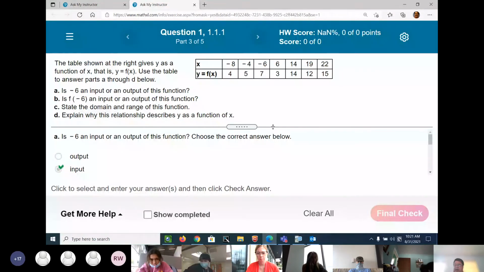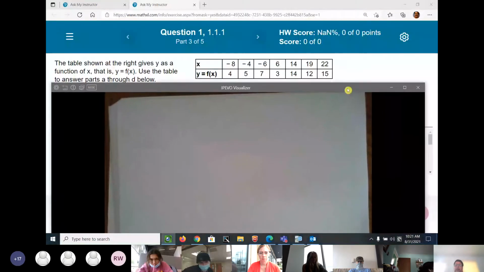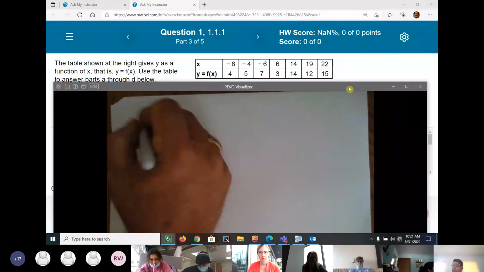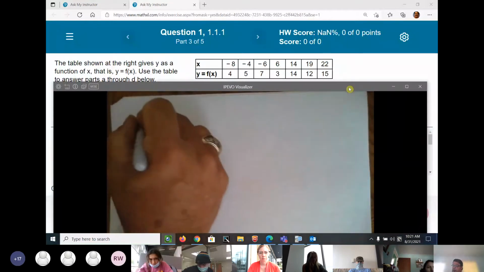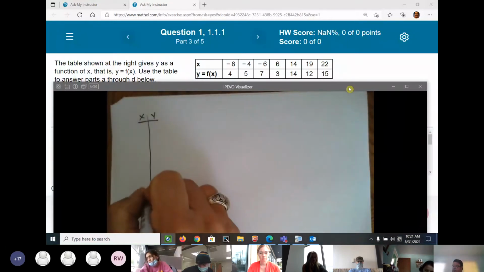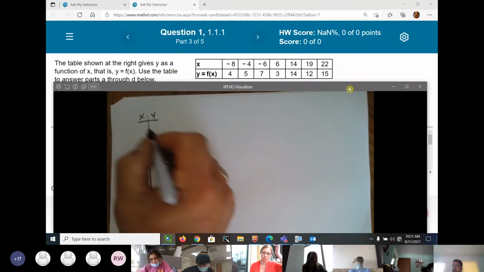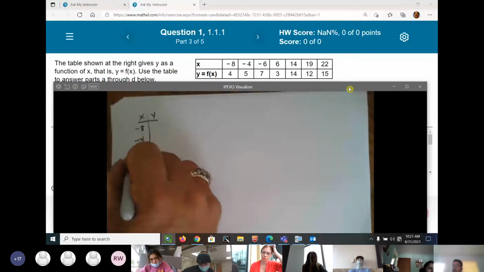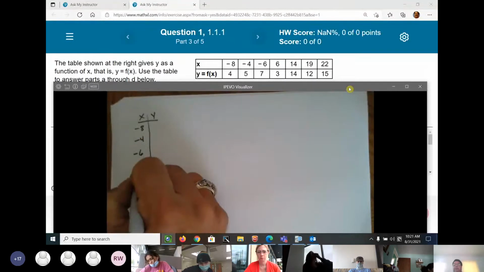Okay, I'm gonna put this back in pre-algebra so we can do it like we were in pre-algebra. X, Y, and my X values are -8, -4, -6, 6, 14, 19, and 22.